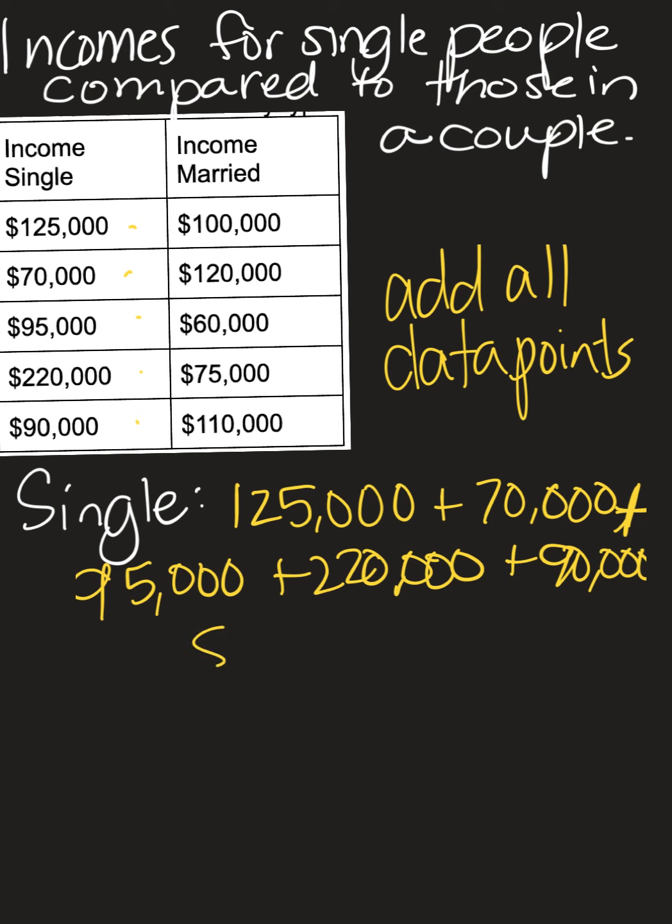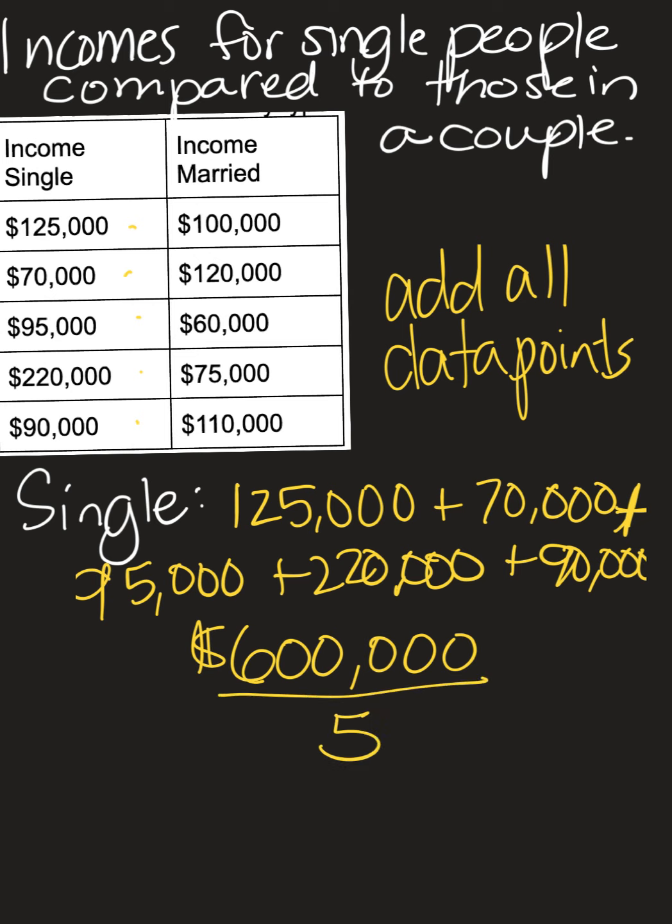This equals 600,000 altogether. But there are 5 people who are involved in this, so to calculate the mean, I'm going to divide the 600,000 by 5, which gives me 120,000.